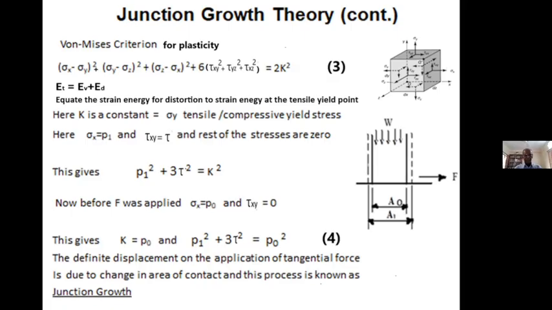Actually here k is nothing but the tensile or compressive yield stress, but we write k because we wanted to take this as a constant for a given material.